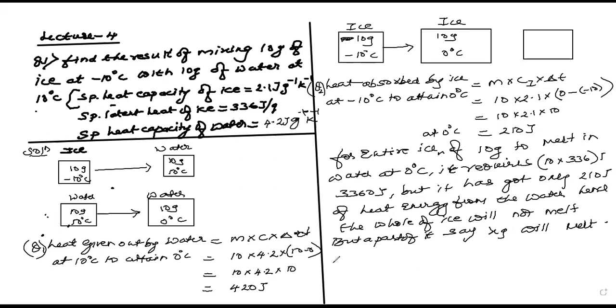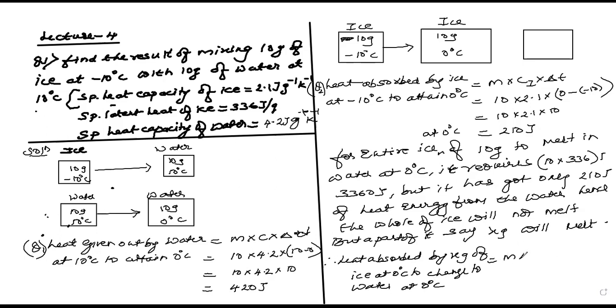And therefore, heat absorbed by X gram of ice at 0 degrees Celsius to change to water at 0 degrees Celsius will be equal to M into L. Therefore, this is how much heat absorbed by X gram of ice changing to water at 0 degrees Celsius, will be only 210.